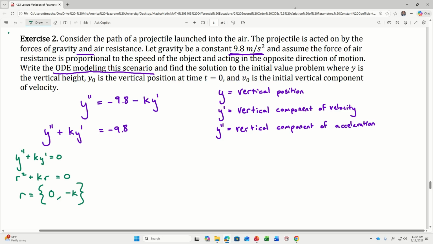And in the homogeneous version, my complementary solution is going to be C1 times e to the power 0t plus C2 times e to the power negative kt. E to the power 0t is just 1, so keep that in mind.